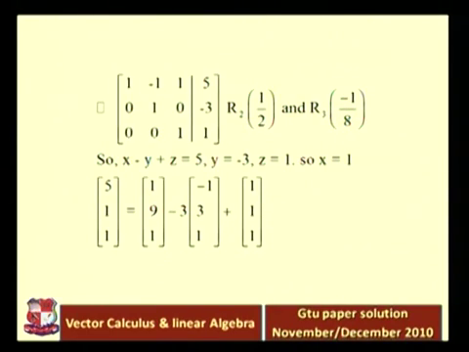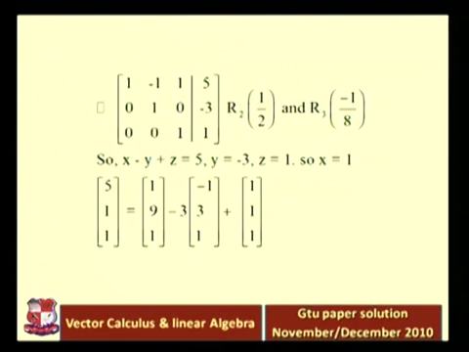Next process: we are dividing the second row by 2, just so that our leading entry becomes 1. No other reason for that. So we are multiplying the second row by 1/2 and the third row by -1/8. The first row is as it is: 1 -1 1 5.